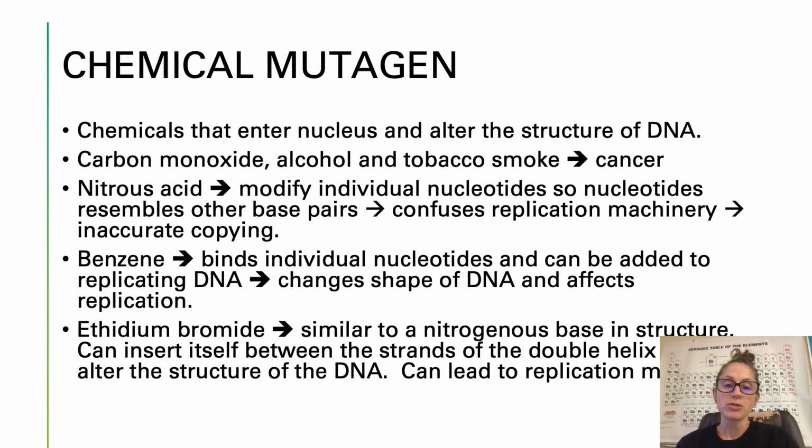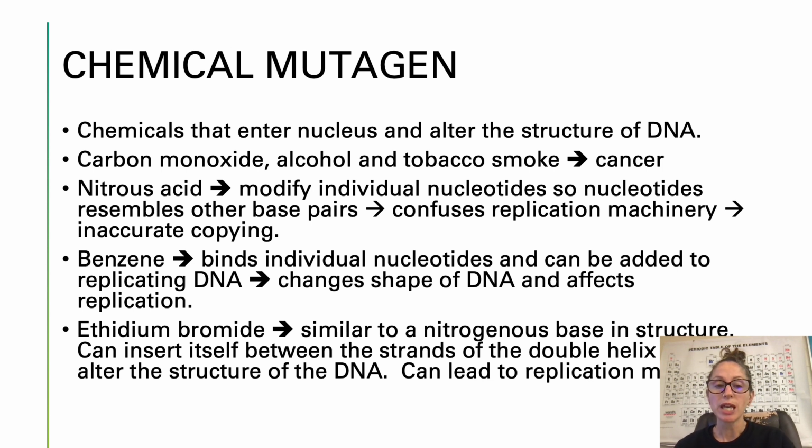Nitrous acid can modify individual nucleotides so that they resemble other bases. They're not even switching nucleotides, they're just changing the nucleotide itself, because purines look kind of the same, pyrimidines look the same, and so it can actually go in and modify those.